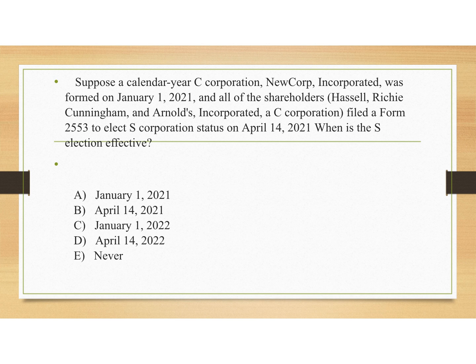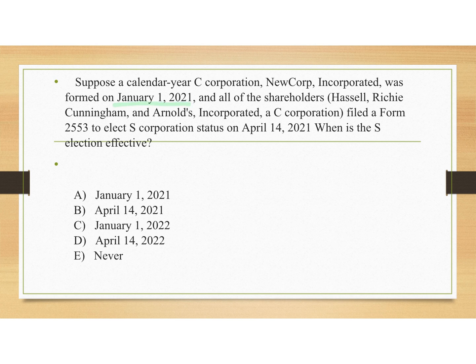All right, so now we come to when S corporation elections are effective. So when is that election to be an S corporation effective? So let's take a look at this problem. So we have a calendar year end C corporation, all right, and they were formed January 1st of 2021.